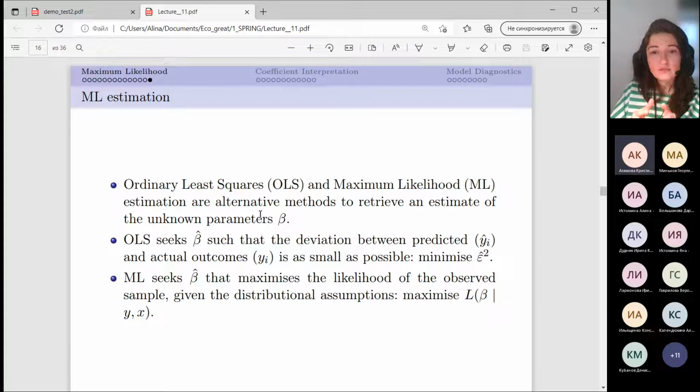It maximizes the likelihood function of the unknown parameters betas, conditional on y and x. These are two different logics, two different approaches to how we can estimate our betas.